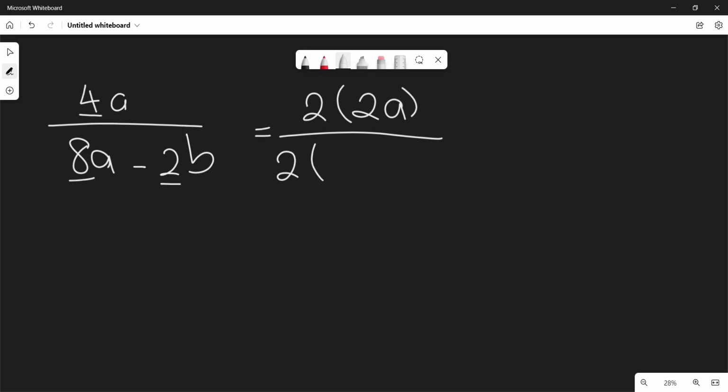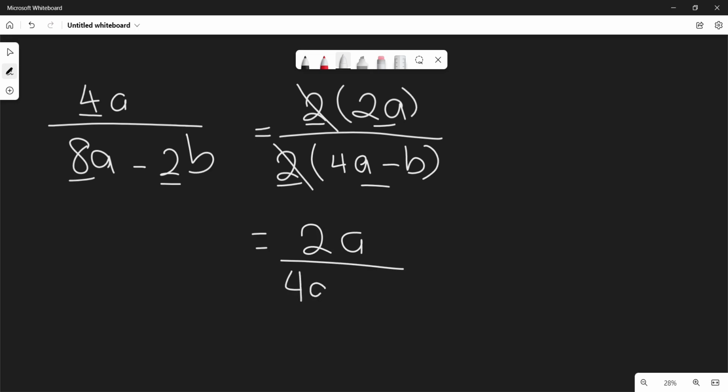So we'll have 4a minus b. If you realize this, brackets mean to multiply. So this 2 is multiplied by this bracket, and this 2 is multiplied by this bracket. Remember, we can only cancel or reduce terms or letters if they are being multiplied. So this 2 can be cancelled with this 2. So therefore, our final answer will just be 2a over 4a minus b.